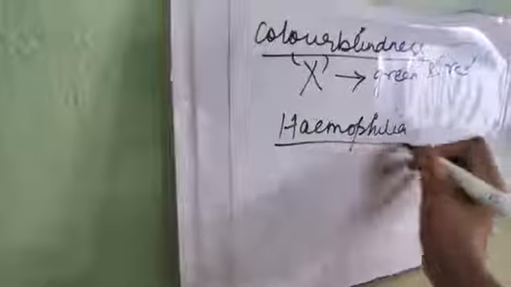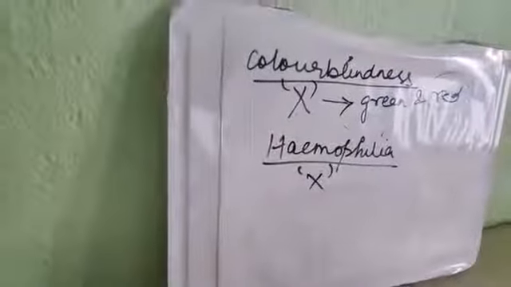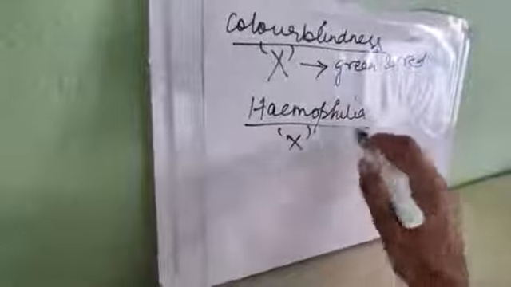Now if I go to hemophilia, this hemophilia is also affecting the X chromosome. Due to this disease, the protein factors which are required for blood clotting are not produced.